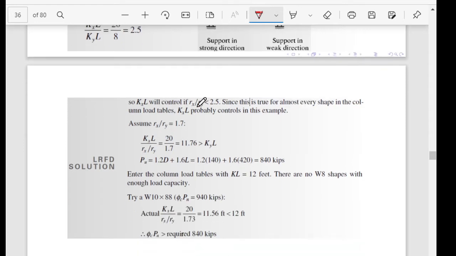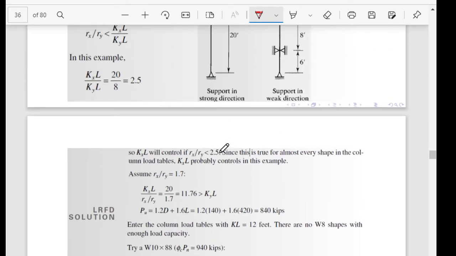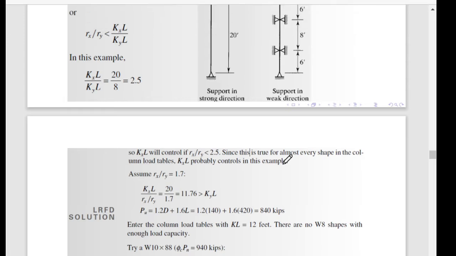So the KXL will control if the Rx over Ry is less than 2.5. Since this is true for almost every shape in the column load tables, the KXL probably controls in this example.